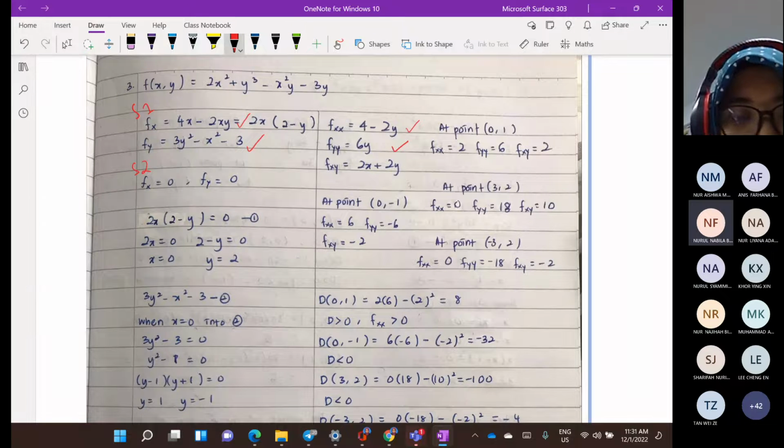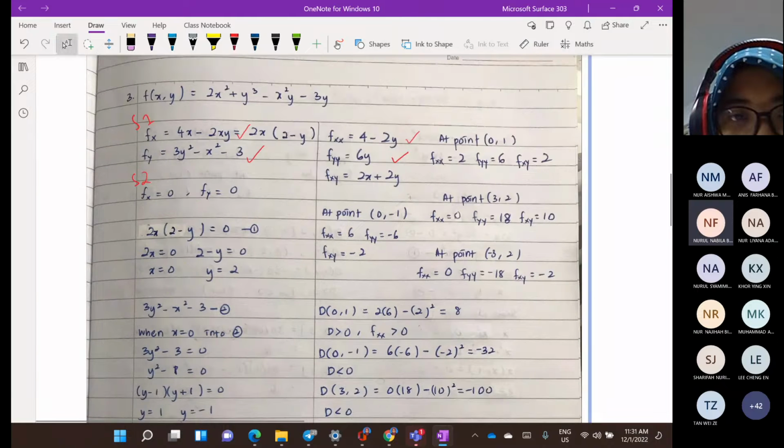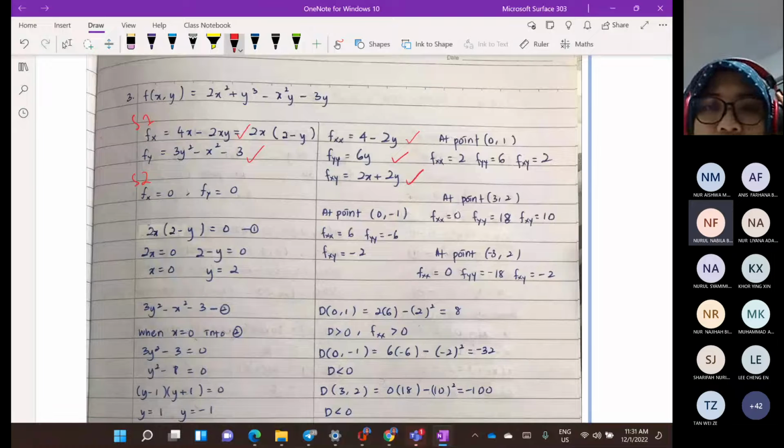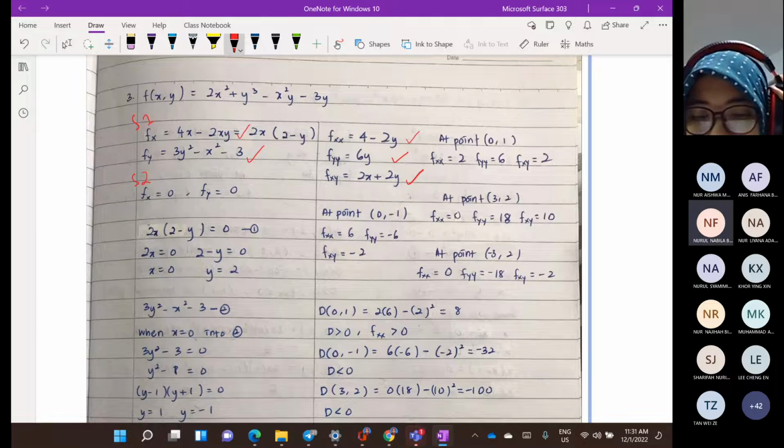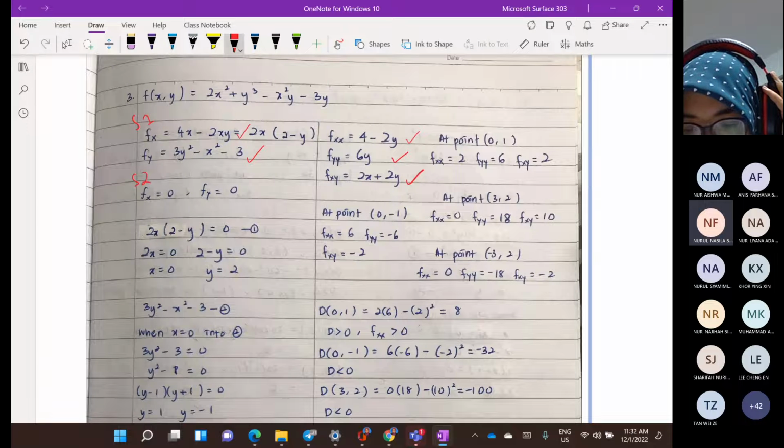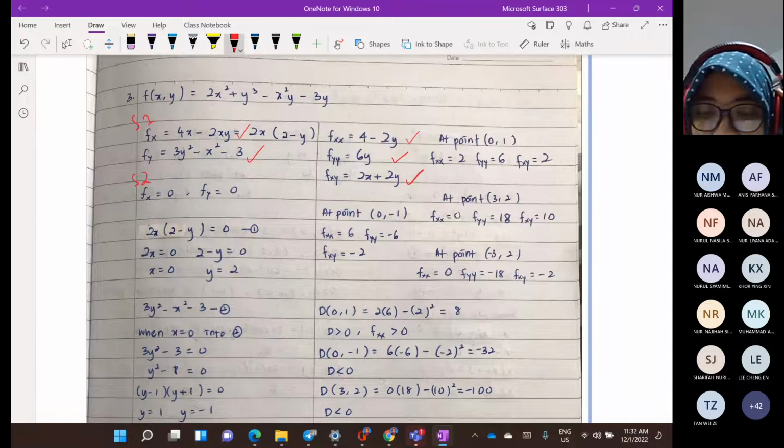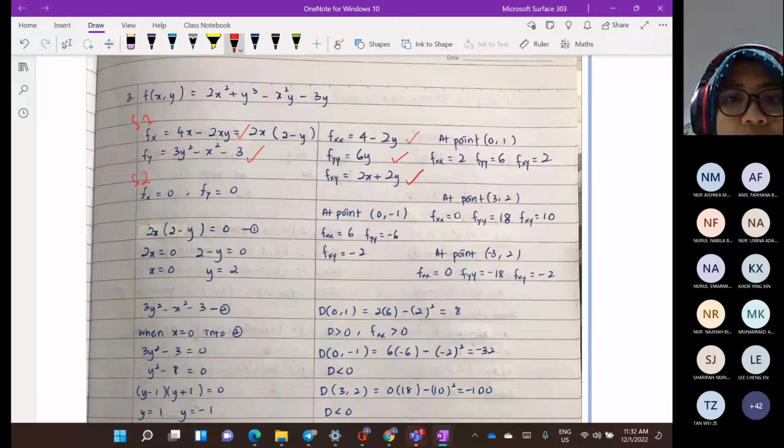Bukan 2x plus 2y. Fxy dapat 2x plus 2y. Betul tak? Salah ke? 4 minus 2y, 6y, fxy negative 2x. Oh, salah ni. Fxy adalah negative 2x.